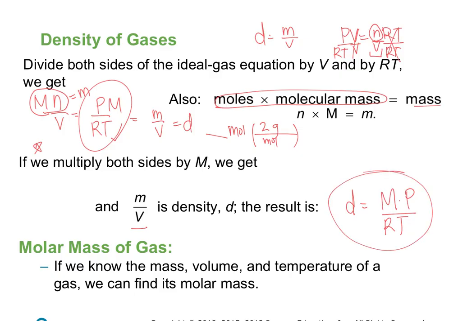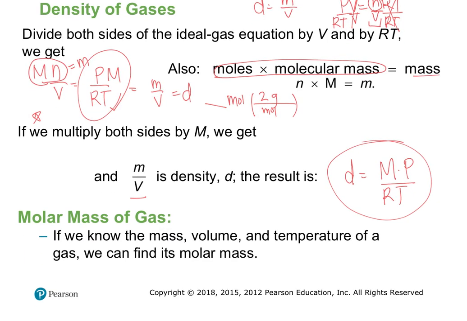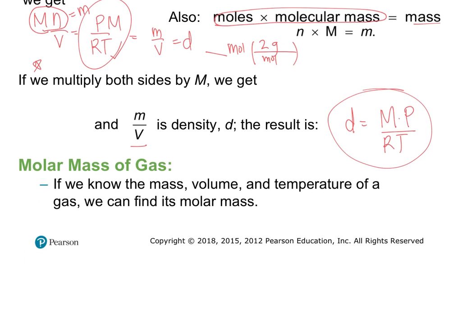We could also solve for the molar mass using the density, and find the molar mass if I have the information for my gas. So if I took my density equation here, density equals molar mass times pressure over RT, I could solve for molar mass by dividing by pressure and multiplying by RT, right?